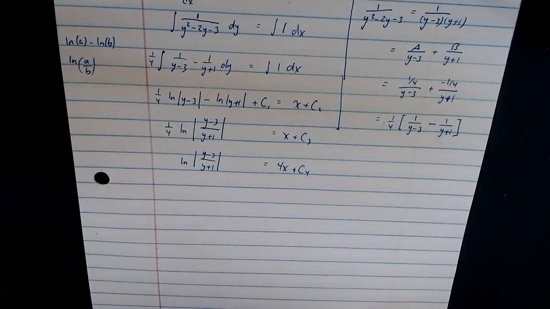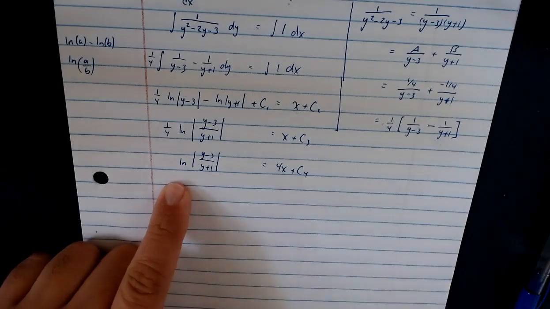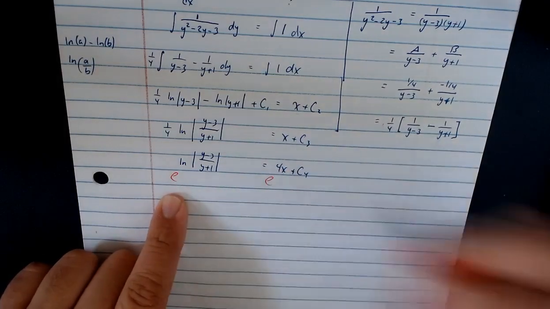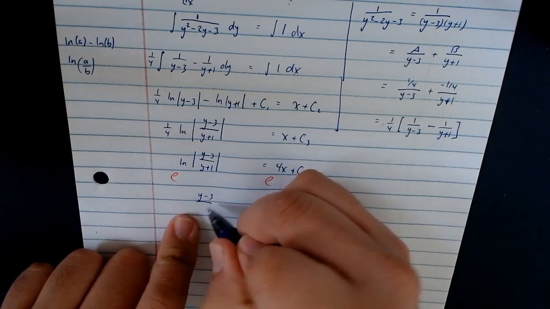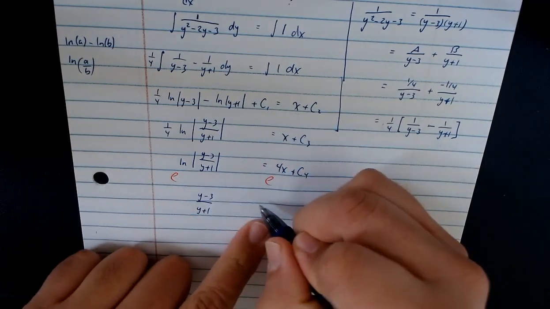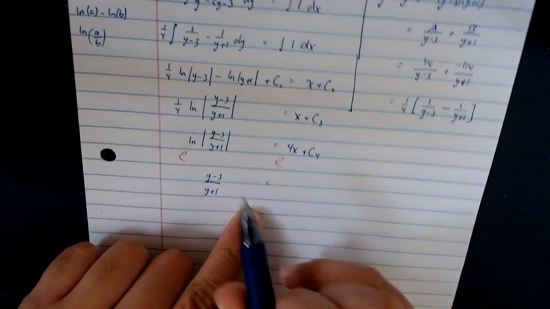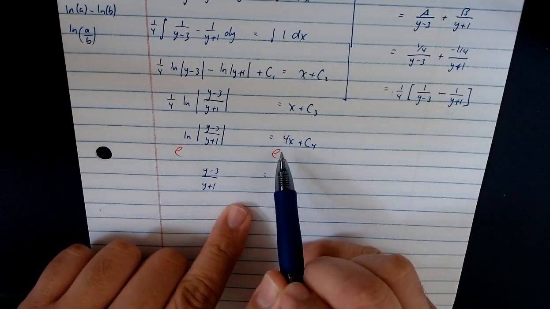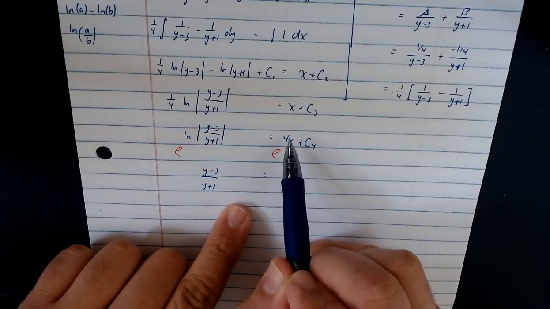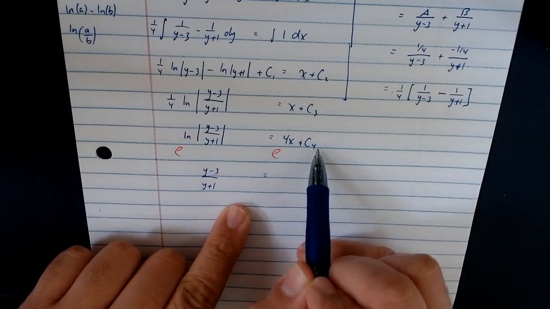Okay, so now I need to exponentiate on both sides with a base of e. So here that's going to be y minus 3 over y plus 1 equals, with the same trick that I pulled before in the last problem, e to the 4x plus C4.